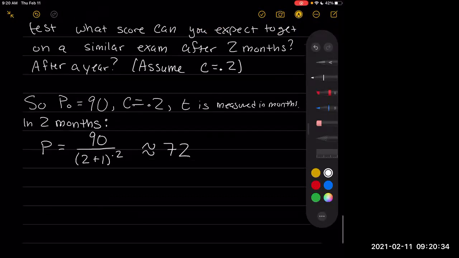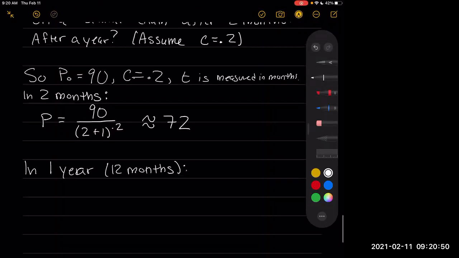And then in 1 year, which is 12 months, we will have P equals 90 over 12 plus 1 all raised to the 0.2. And this is approximately a 54. Okay, so that was an application problem.